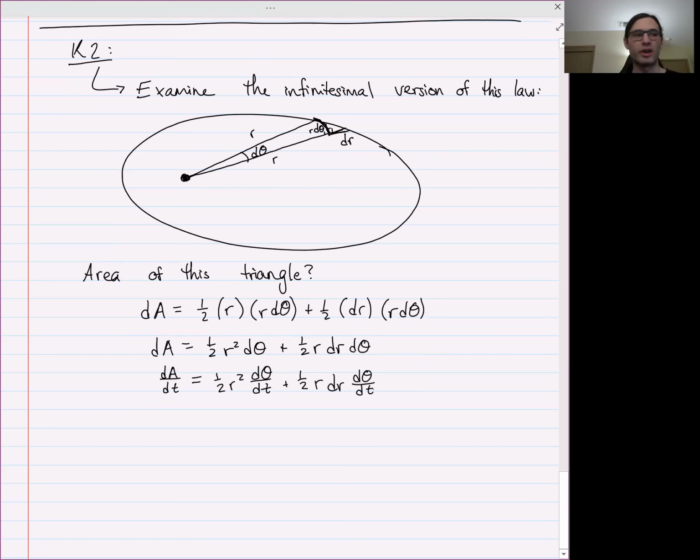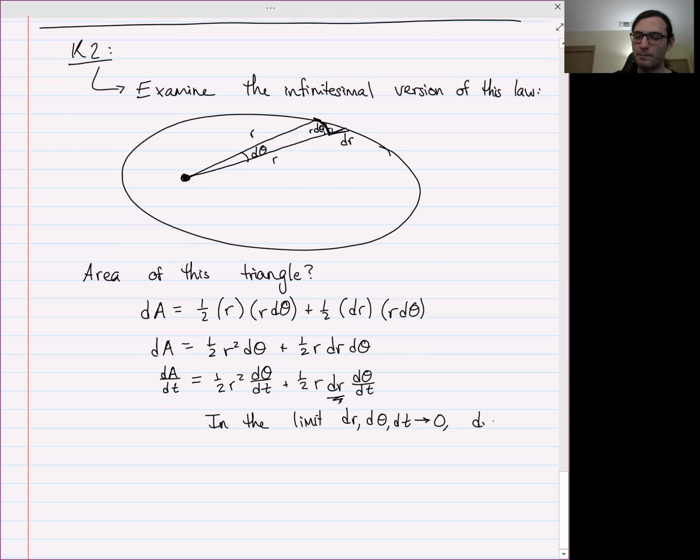I just chose one of them. But the important point is that in the limit where dr, d theta, and dt all go to 0, these fractions stay constant, right? A derivative is a limit where dA and dt go to 0, but the ratio of those two things doesn't go to 0. However, this one, this dr, is alone.